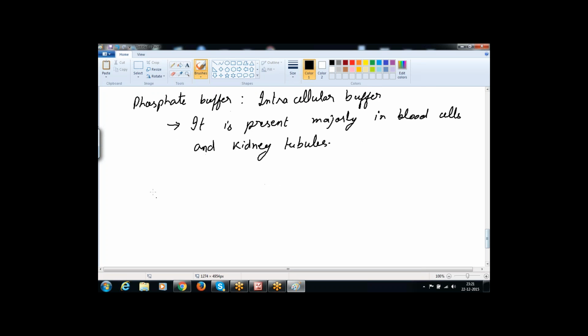Third is bicarbonate buffer. This is most important. It is extracellular, so it will affect the whole body.